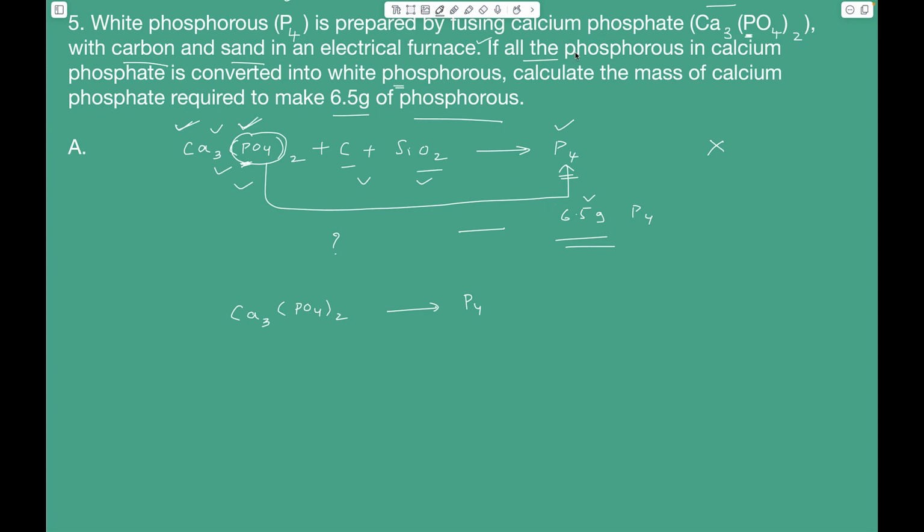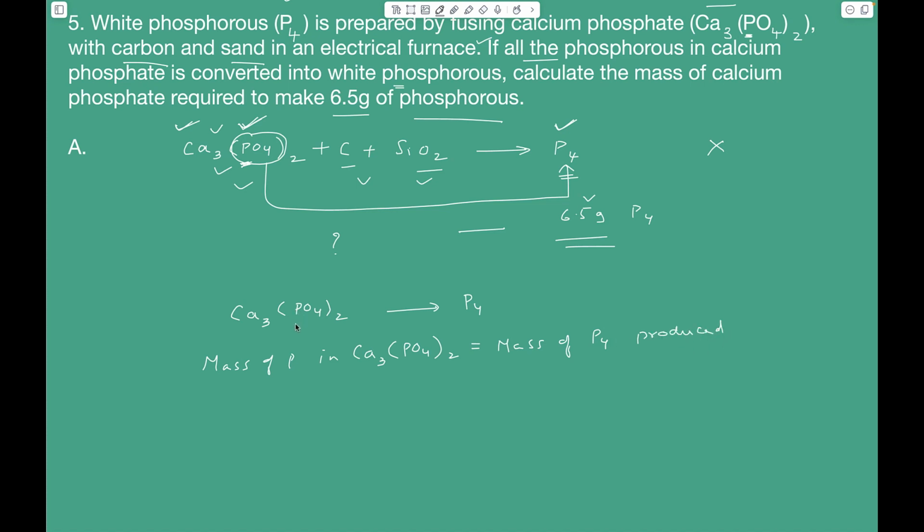And it is given in the question that all the phosphorus present in calcium phosphate is getting converted into white phosphorus. It is not going anywhere else. Because of this, when you apply the law of conservation of mass, you can understand that the mass of phosphorus in calcium phosphate must be equal to the mass of white phosphorus produced, right?